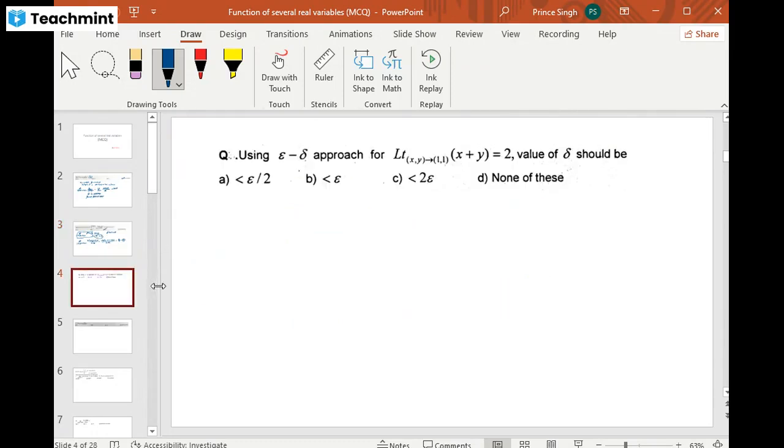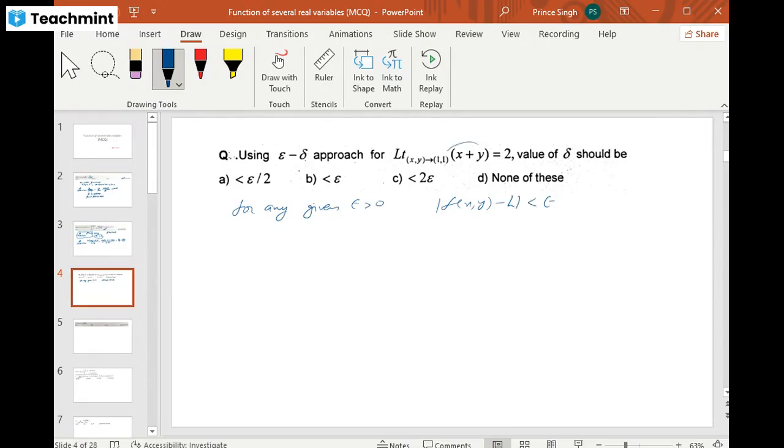Let us come to the next question. Okay, the next question is using the delta epsilon approach, what is the value of delta such that this holds? So in the delta epsilon approach, we are saying that for any given epsilon greater than 0, f of xy minus L is less than epsilon.